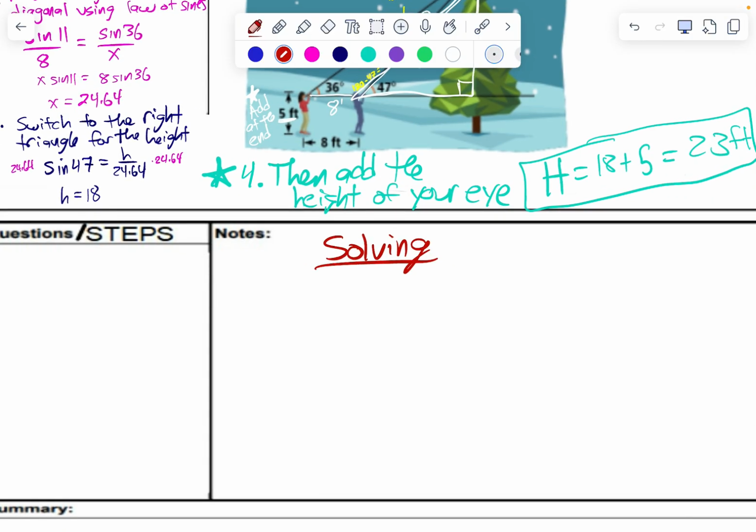I would even before that say, am I solving for lengths or angles? Because can we use Pythagorean theorem for angles? No. Okay, so first question is lengths or angles.